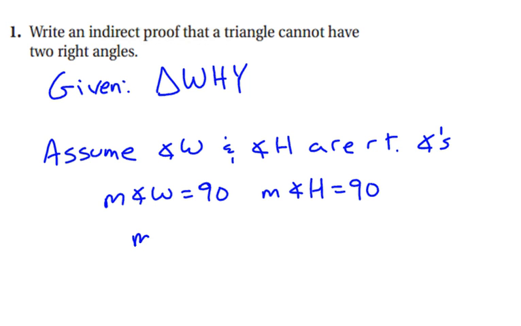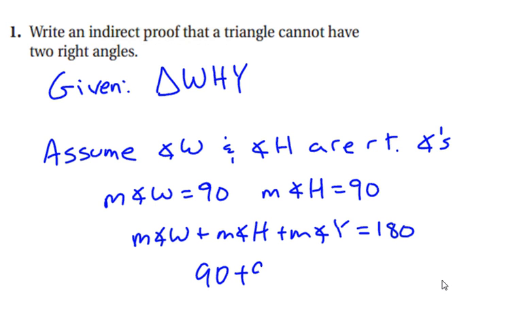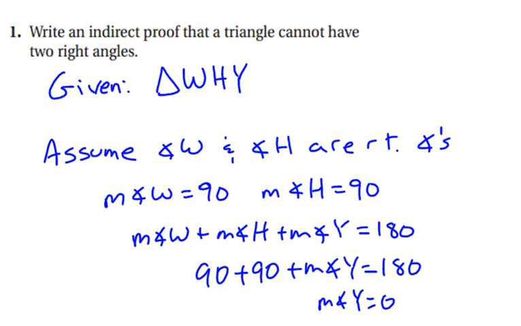Therefore, we have the measure of angle W plus the measure of angle H plus the measure of angle Y equals 180. And if we substitute in, we get 90 plus 90 plus the measure of angle Y equals 180, a little bit of subtraction, and we end up with the measure of angle Y equals 0.